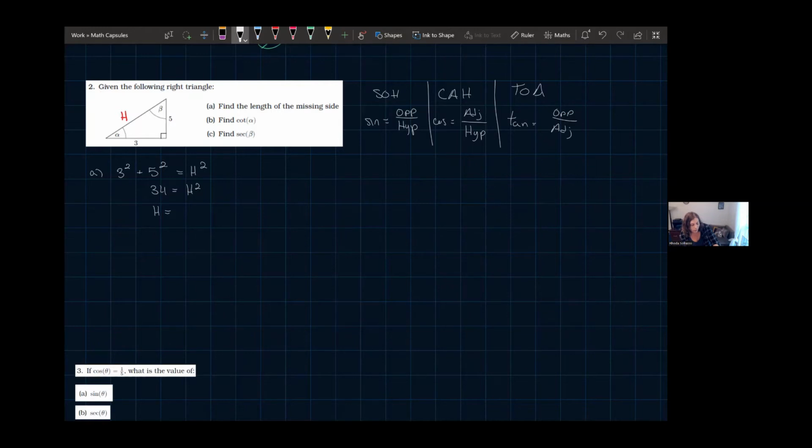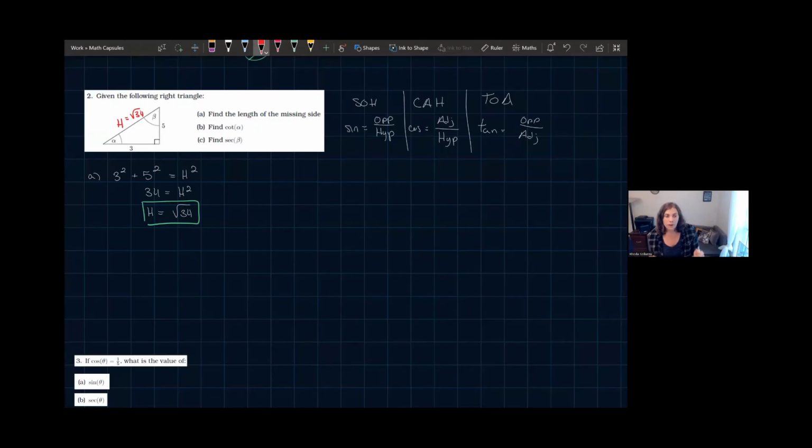I can take the square root on both sides. Normally when you take the square root on both sides, there would be a plus or minus. But here I know the hypotenuse has to be a positive number because you can't have a negative length. So that's why the answer is just square root of 34. So now I know the length of this side is square root of 34.